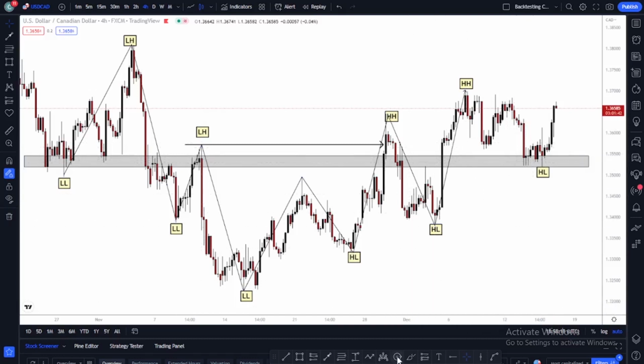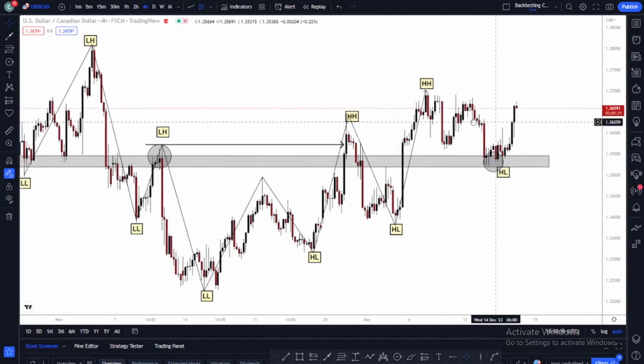I repeat, I was waiting for price to come back and retest its previous lower high, which was also a resistance, as a what? As a support. Do you understand?